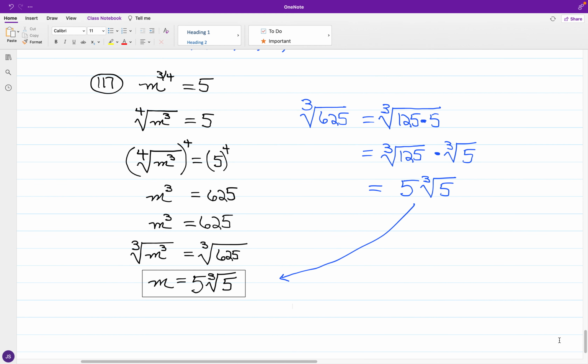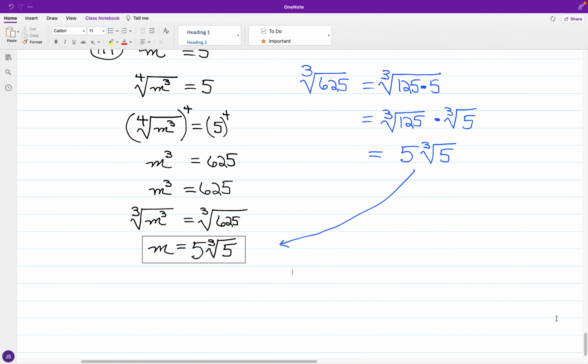All right, now there's quite a bit of work here with the radical equations, and again, the other day we had absolute value equations.